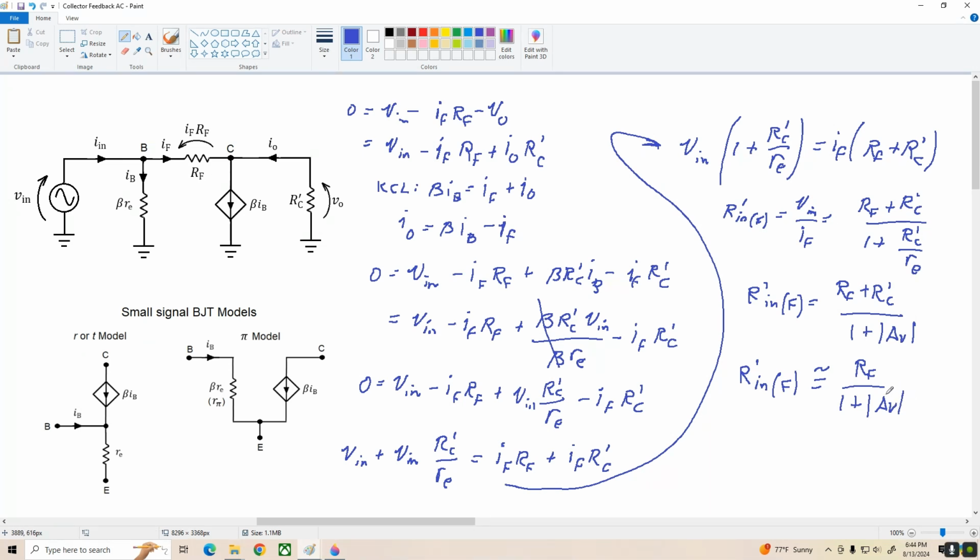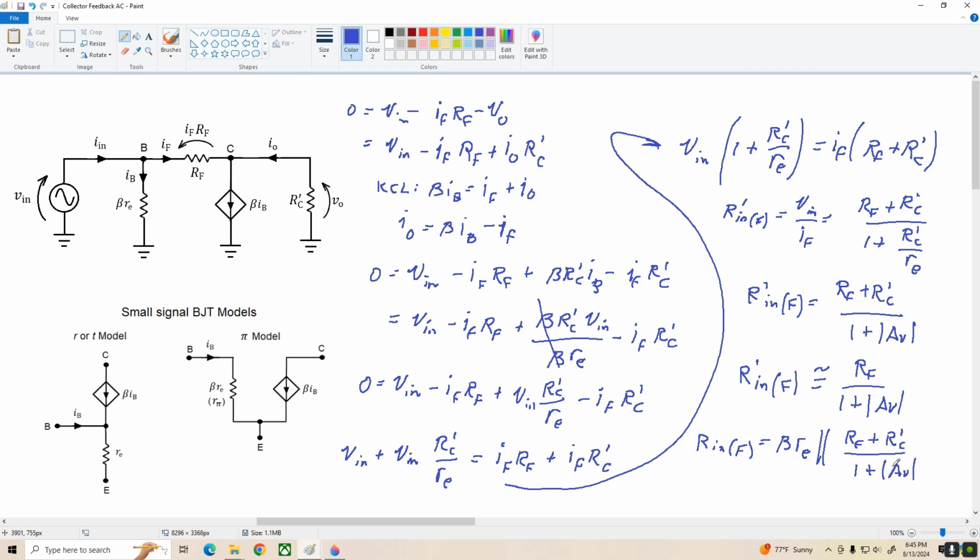All right, now we're almost there. What we need to do next is factor in beta times Re into our input resistance equation, because Vn is looking at beta Re in parallel with the resistance looking into Rf. So what we end up with is our overall input resistance with feedback, Rinf, is equal to beta times little re in parallel with Rf plus R prime c divided by 1 plus the open loop gain magnitude.